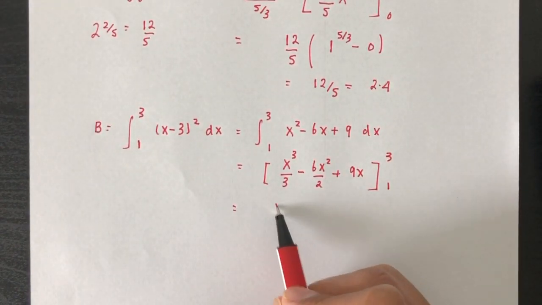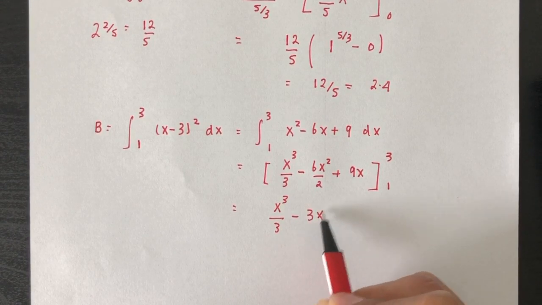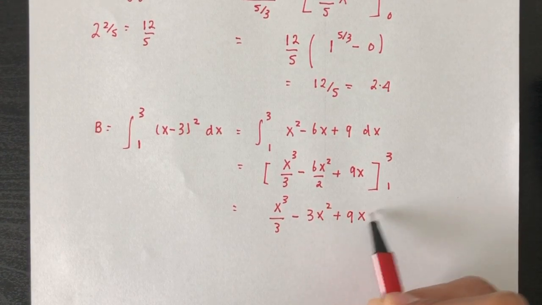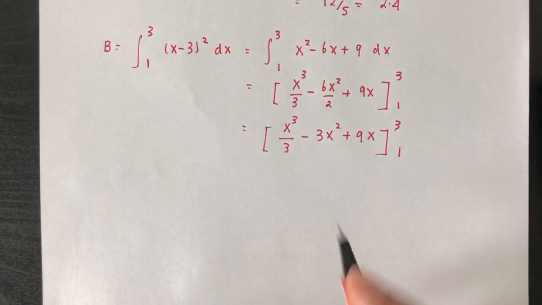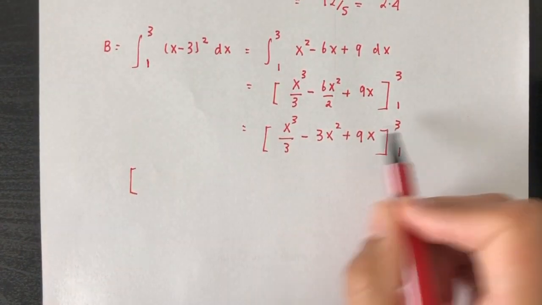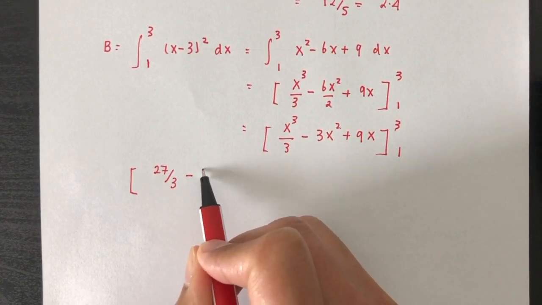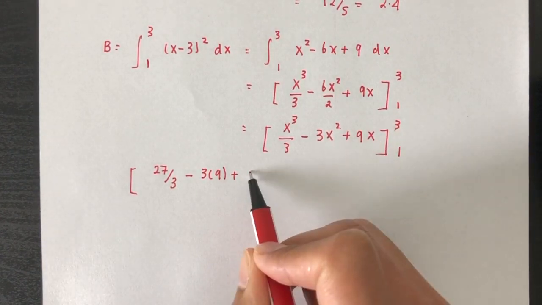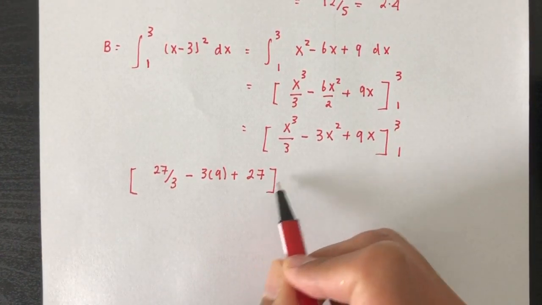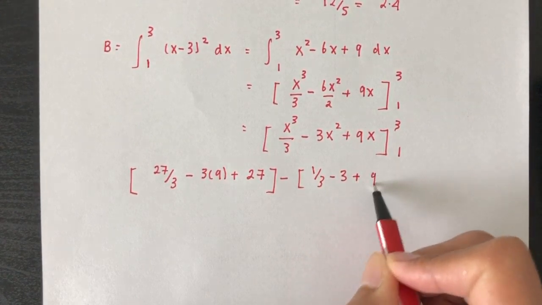Here you will have x^3 over 3 minus 3x squared plus 9x, and same thing, 3 to 1. Now simplify, you will have 3 power 3 is 27 over 3 minus 3 times 9 plus 9 times 3, so 9 times 3 will be 27, minus 1 over 3 minus 3 plus 9.